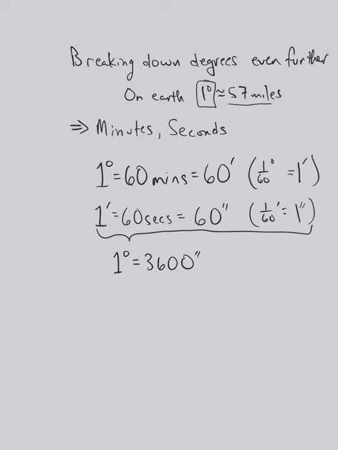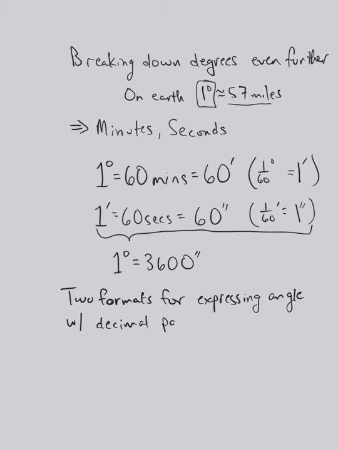Now, what that's going to lead into is two formats for expressing angles that have decimal parts. Often an angle will come out to be like 20.14 degrees or something like that, with decimal parts. Some people just use the decimals, and that's called using decimal degrees.